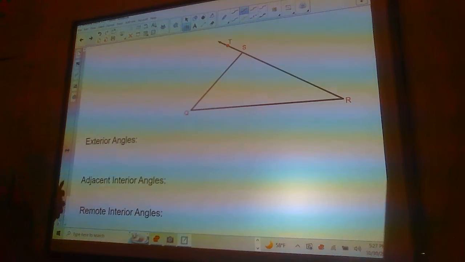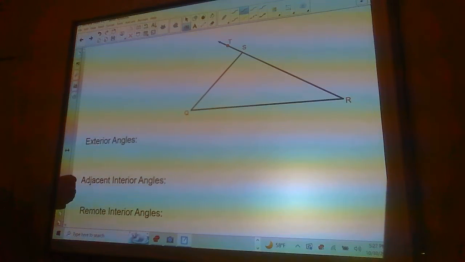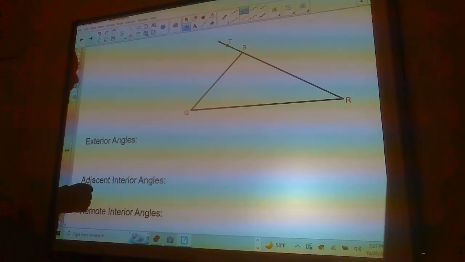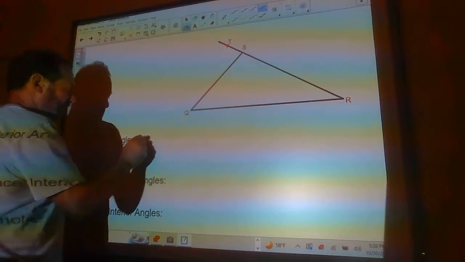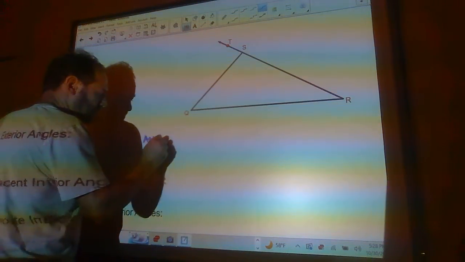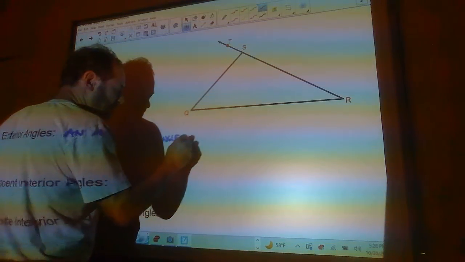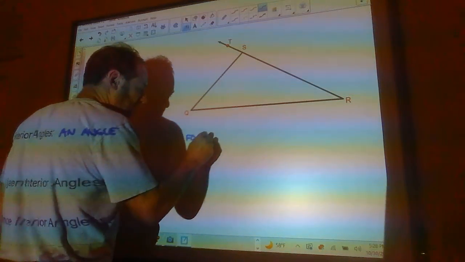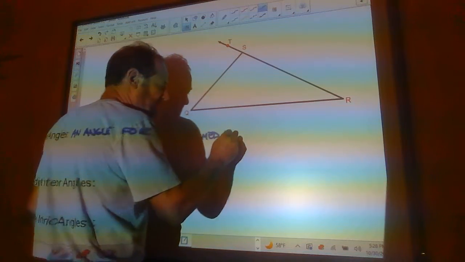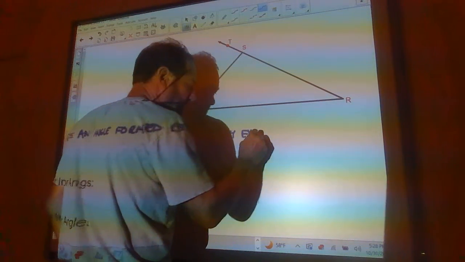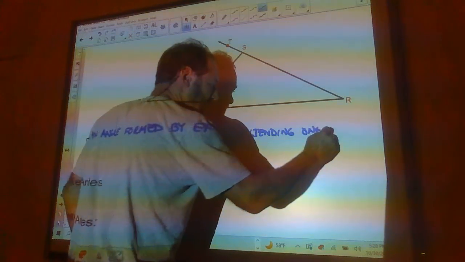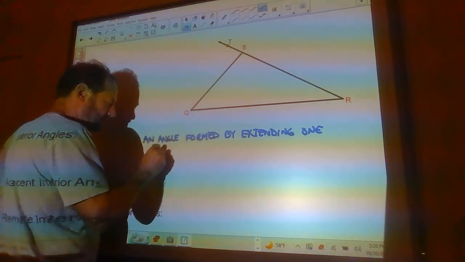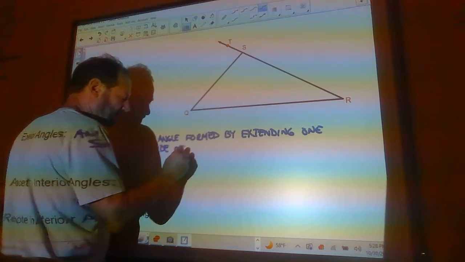All right. Let's talk about some different kinds of angles. So, what is an exterior angle? An exterior angle is an angle formed by extending one side of a polygon.